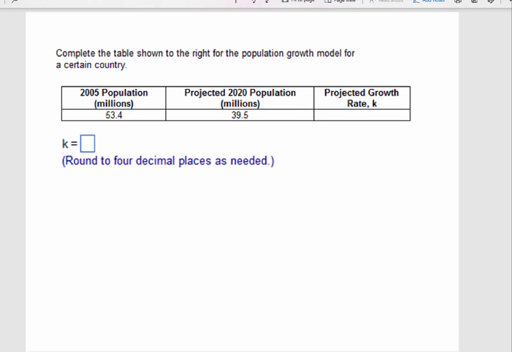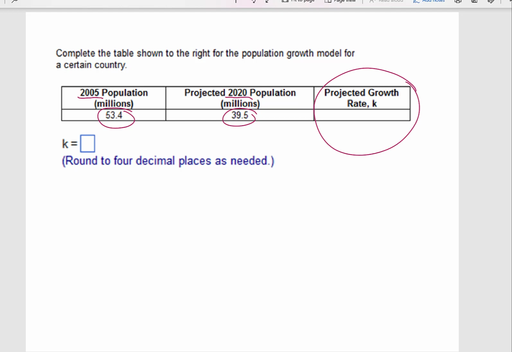Here they're asking us to complete the table for the population growth model for a certain country. They give us the year and the population in millions, year and projected population in millions. And they want us to find the projected growth rate.